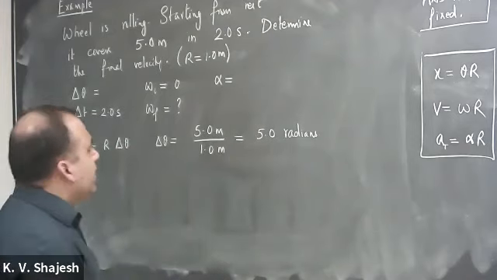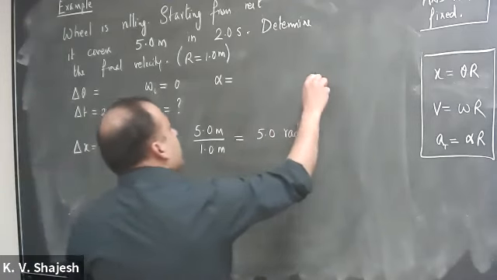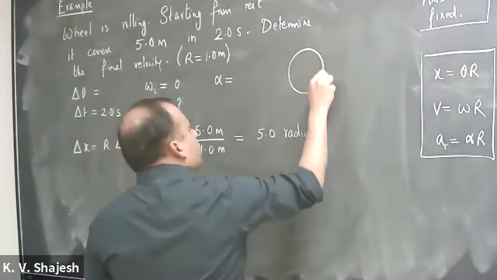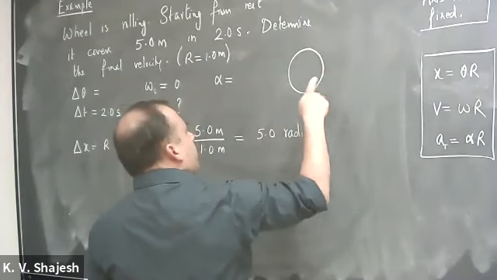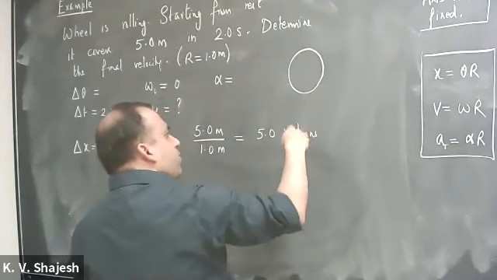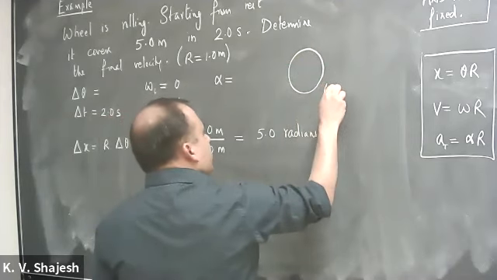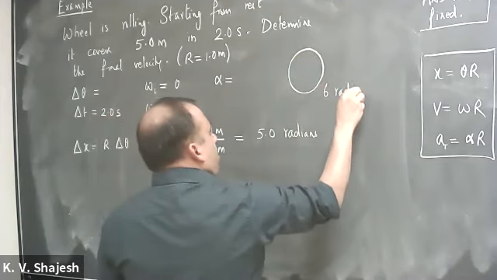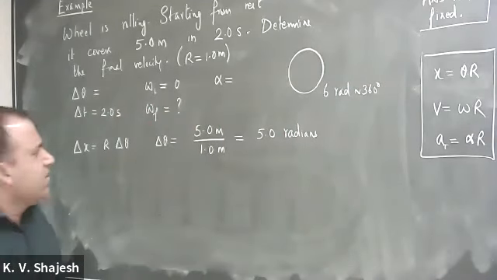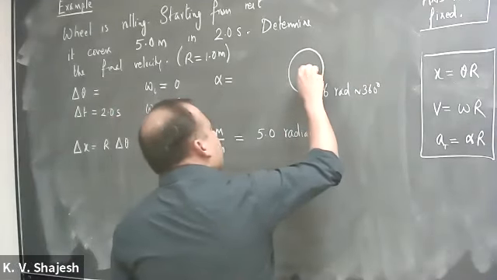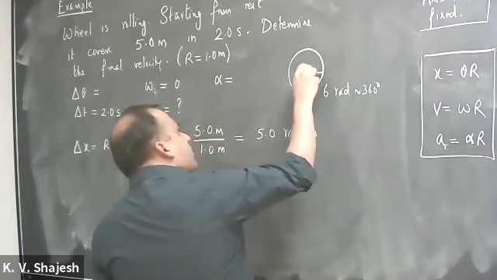And how much is a radian? Remember that a full circle is 2 pi, so 2 pi is about 6 radians, approximately 360 degrees. So how much is 1 radian? That's about 57 degrees, which is a good thing to remember.